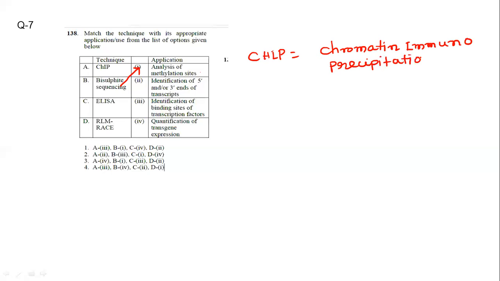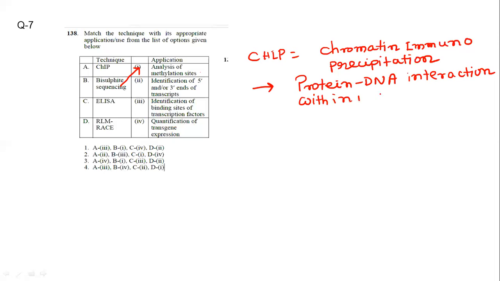Chromatin immunoprecipitation is a powerful and versatile technique used for probing protein-DNA interaction within the natural chromatin context of the cell.